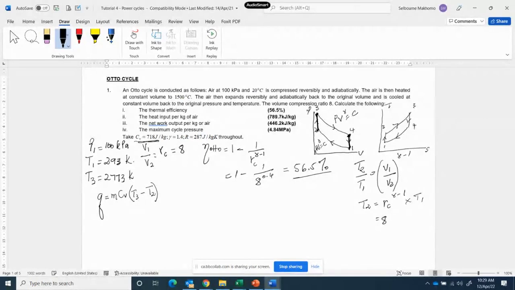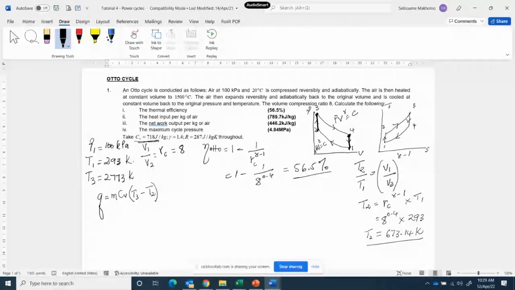And RC is 8 to the power 0.4 multiplied by T1, which is 293. And then T2 is 673.14 Kelvin.